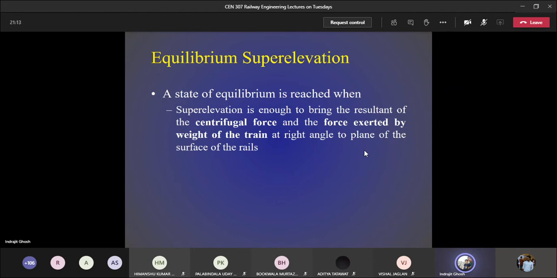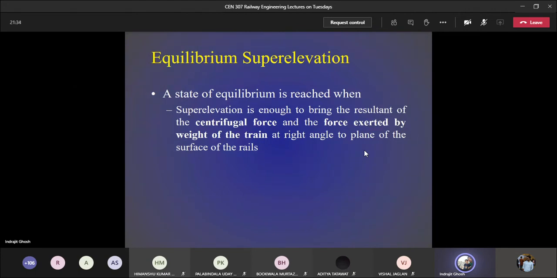If you take the resultant of these two, the resultant of the centrifugal force and the weight, and it is working at right angle to the plane of the surface of the rail, then we can tell that the equilibrium condition is reached.